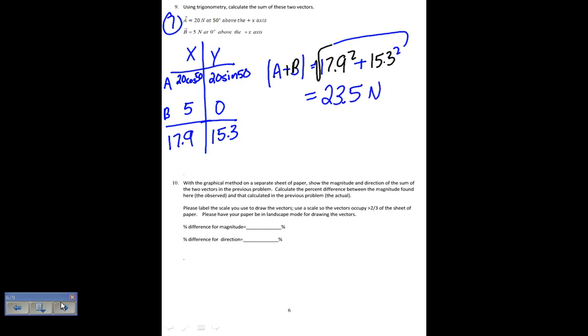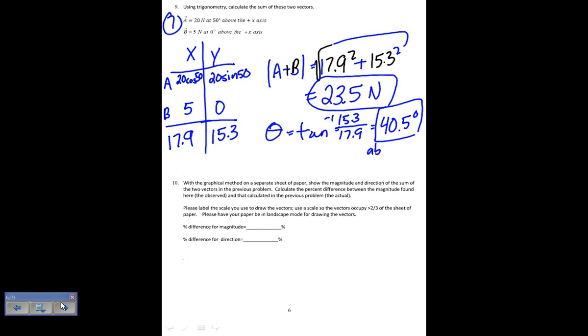That's in newtons. So that's the magnitude. And then we also need the direction. It's the inverse tan of the y over the x component. That's 15.3 over 17.9. And then that's equal to 40.5 degrees above the x-axis.